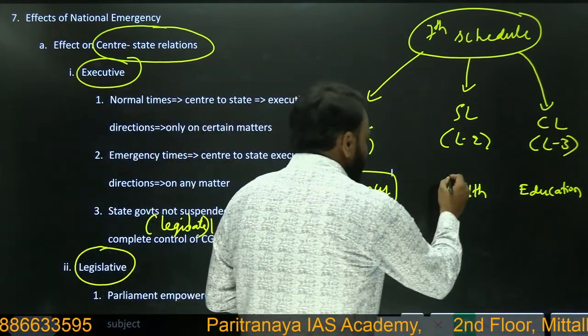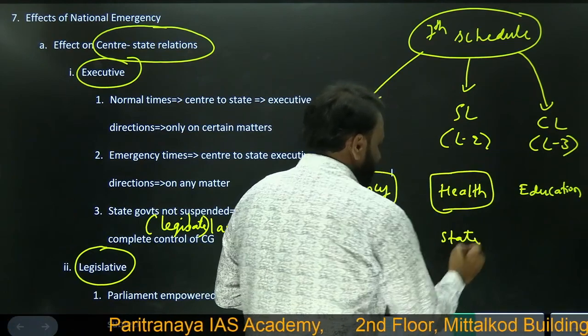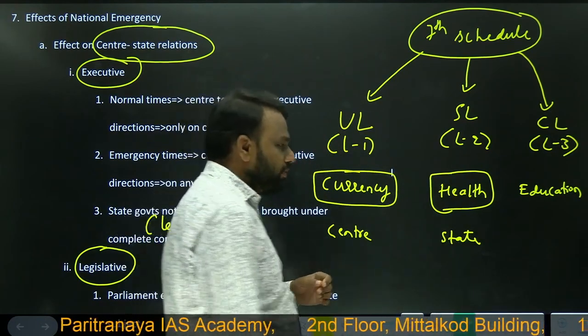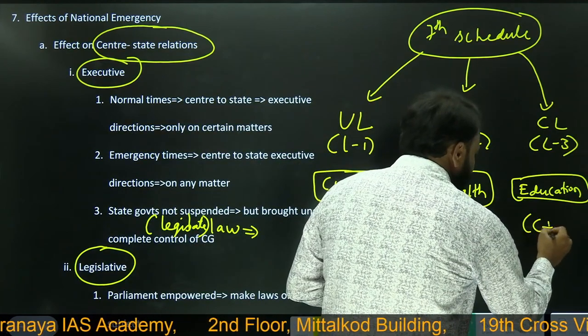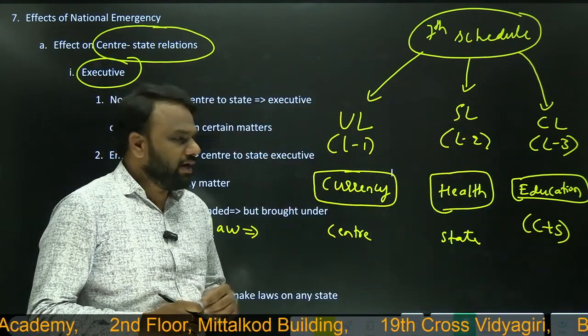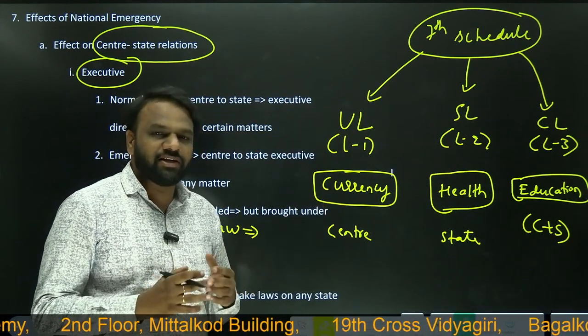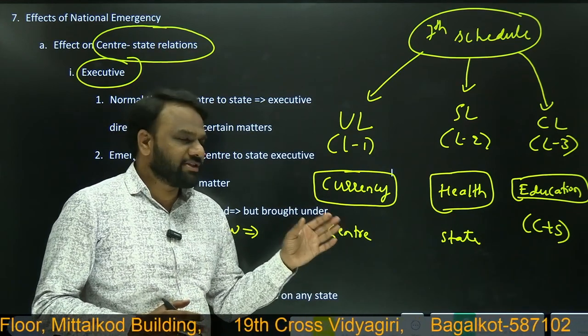Similarly, the state can make a law on a subject called health. Next, both the center as well as the states can make law on a subject called education. And in case of inconsistency between the center and the state, the center's law will prevail. So this is what we have seen, and this happens during normal time.